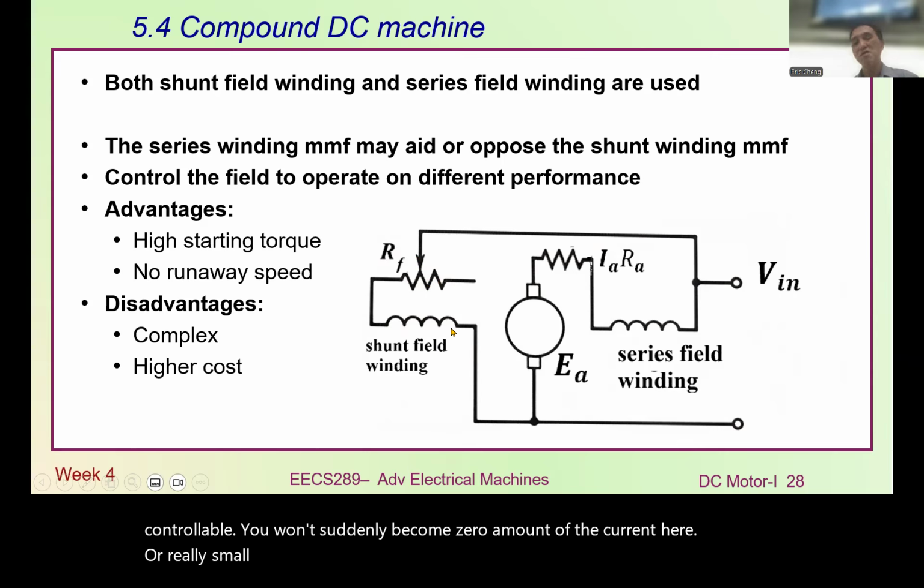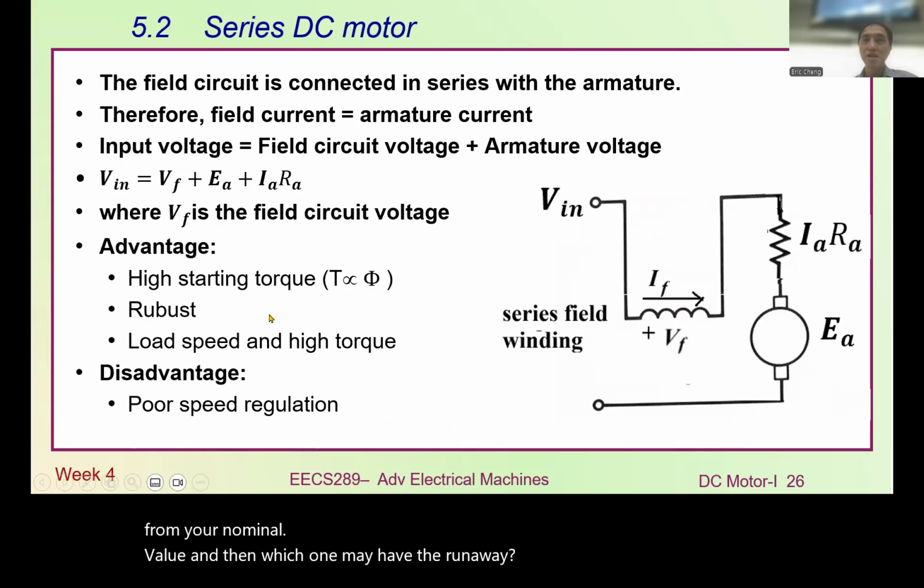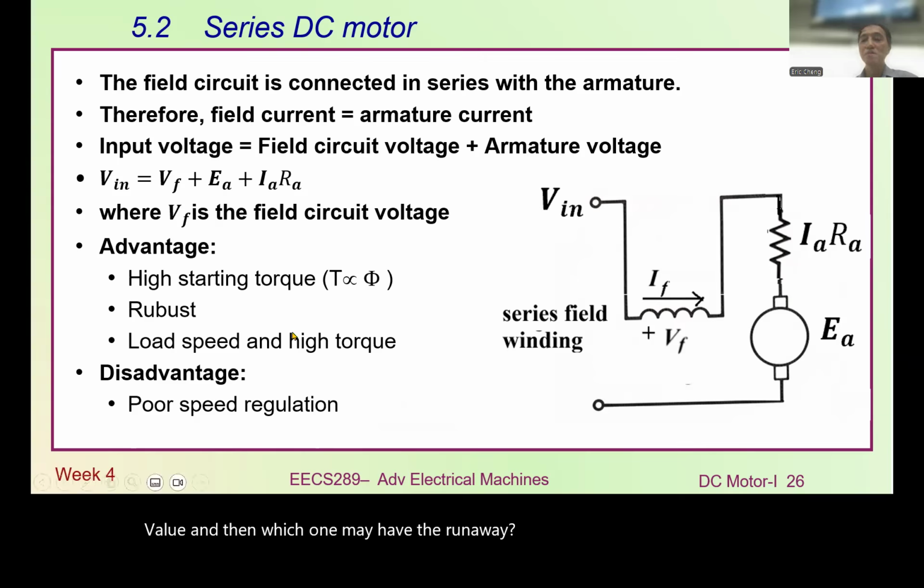So the thrust here won't be too far away from your nominal value. And then which one may have the runaway? Which one may more easily have the runaway speed?